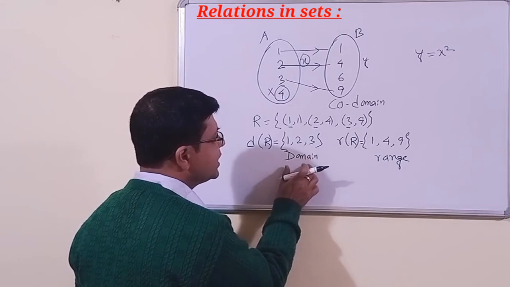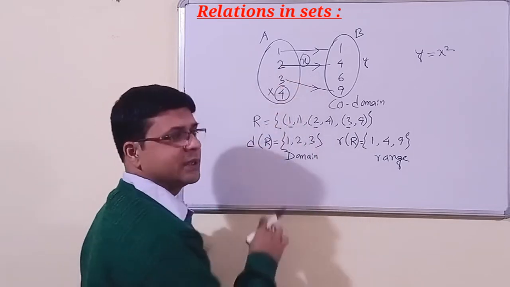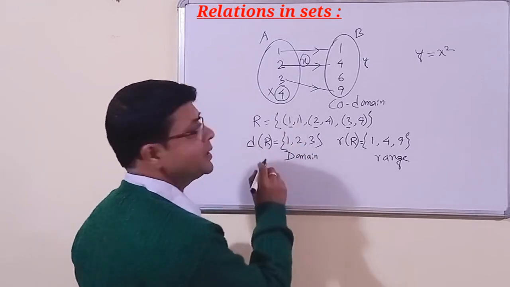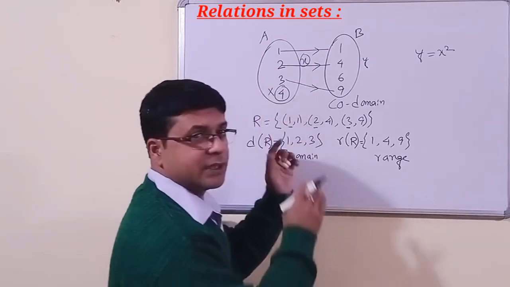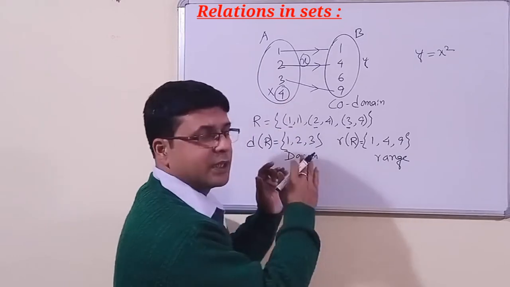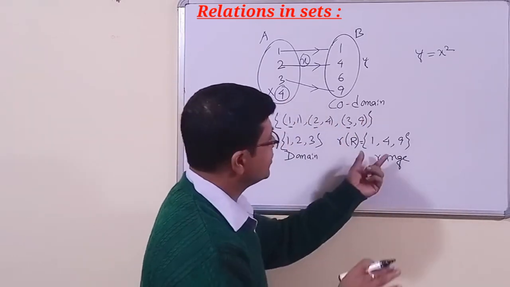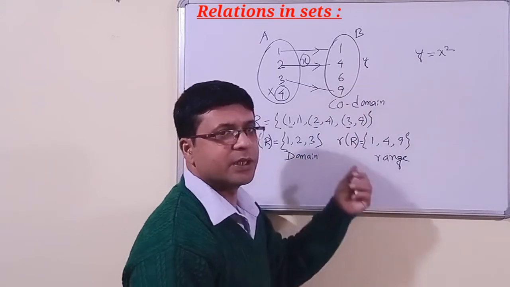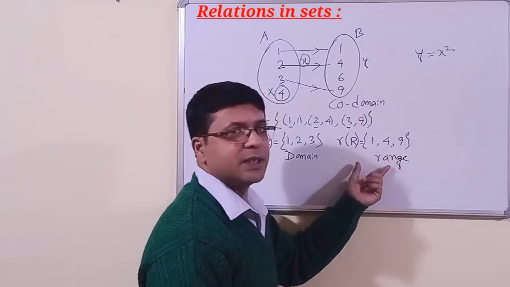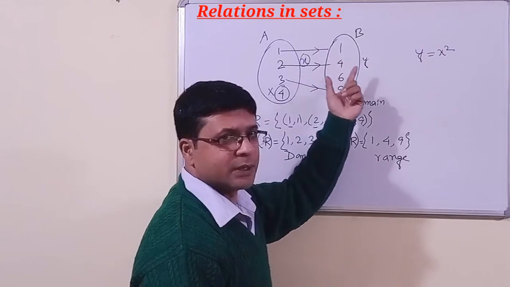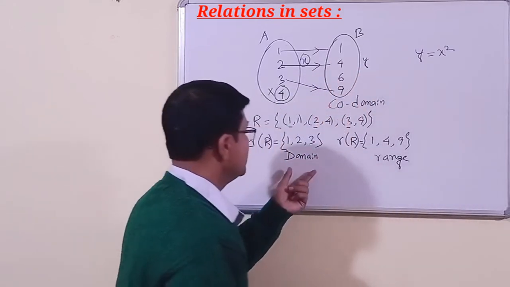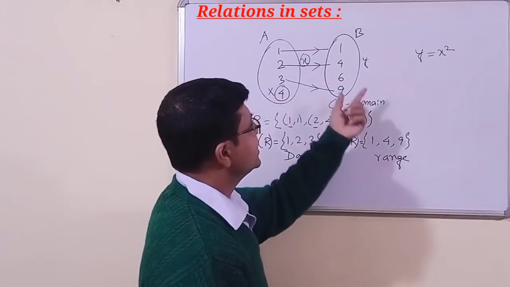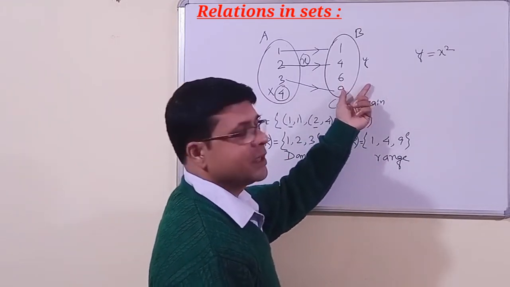Obviously the domain is a subset of set A, that is the first set. Now let us discuss this. Here you can see 1, 4, 9, and apart from this 6 is also there. That means the range is a subset of set B. So we found that the domain is a subset of set A, and the range is a subset of set B.